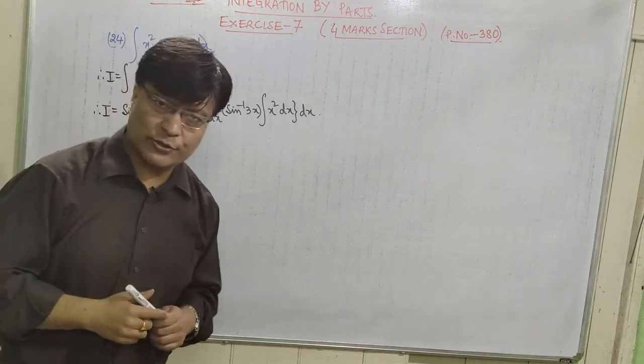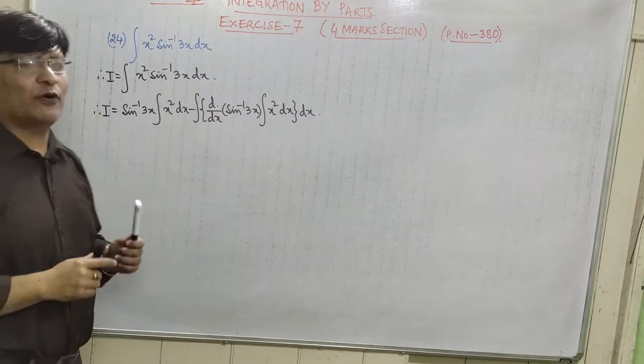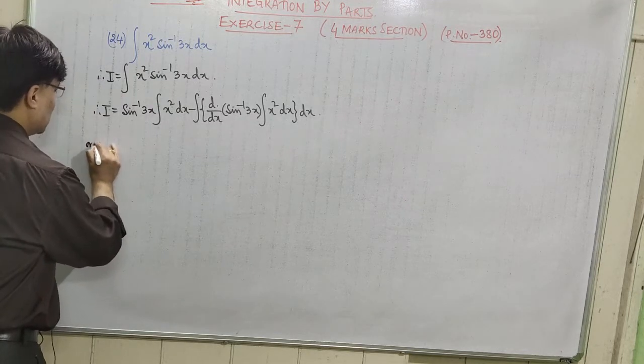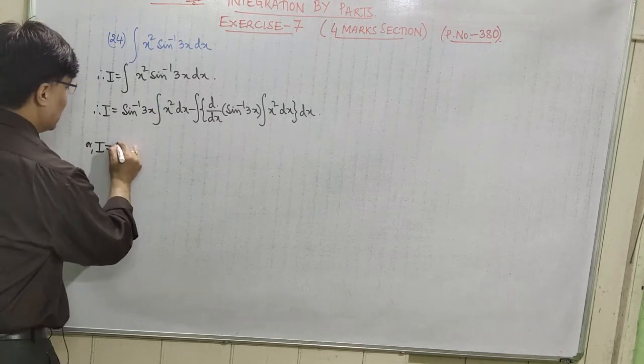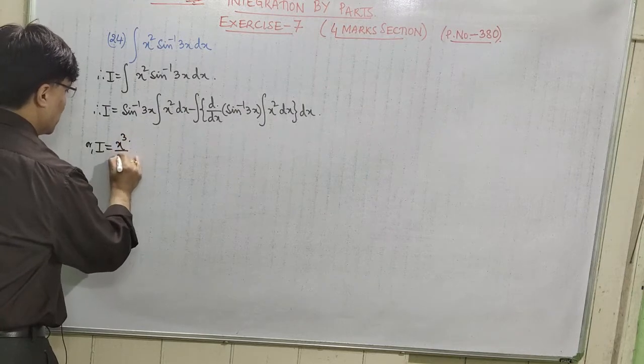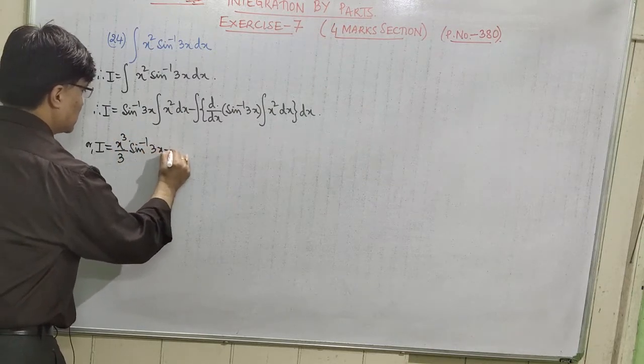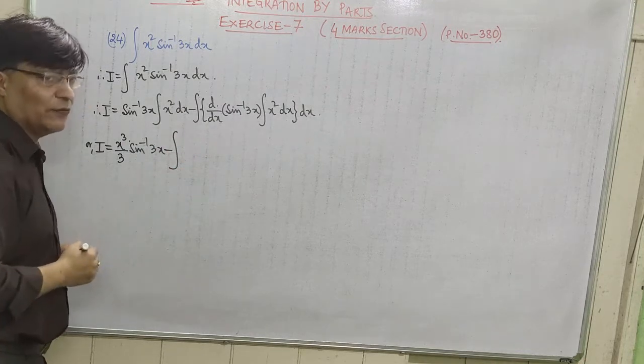So I think you have understood it. So this is your formula for integration by parts. Or I is equal to, let us first integrate. What is integration of x square? x cubed by 3 sine inverse 3x minus integration of.